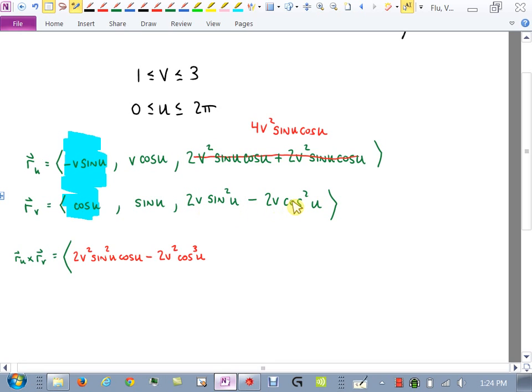Do you agree? Minus this times this. So minus, what, 4V squared sine squared U cosine U. That's just the first component of the cross product.